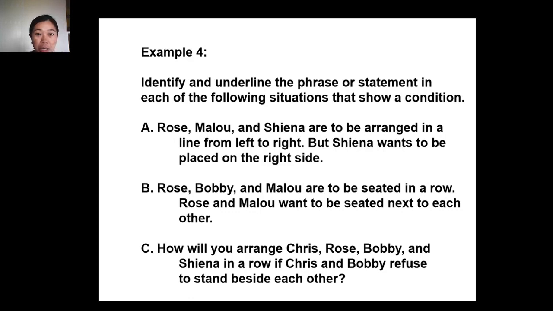So you have to consider if there is a specific position to be filled, if the given position must be arranged, the object must be arranged with the given condition also. So those are situations and problems that involve permutations.